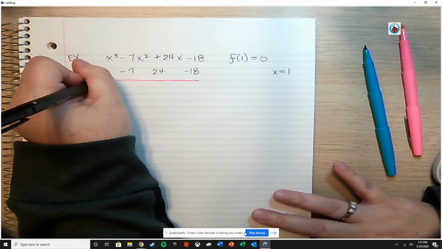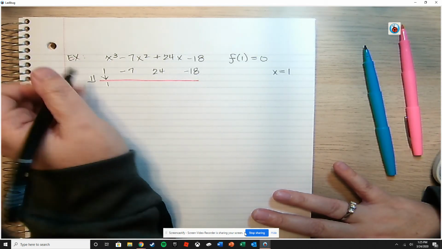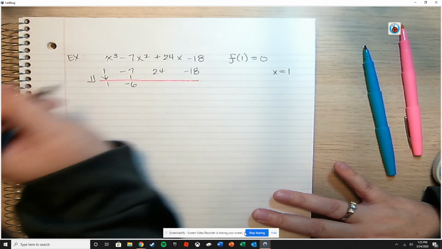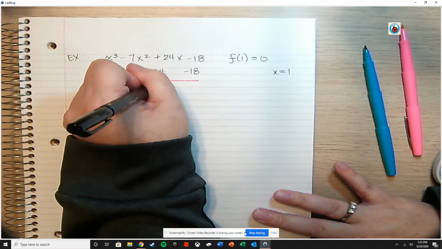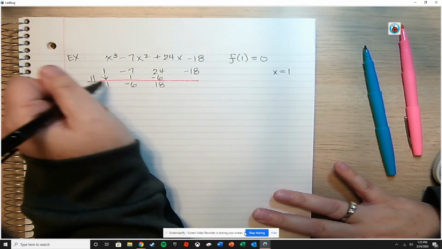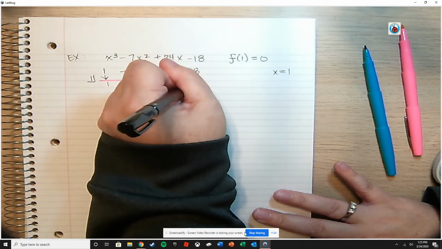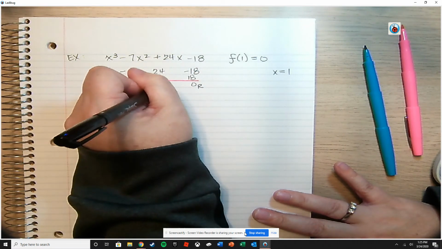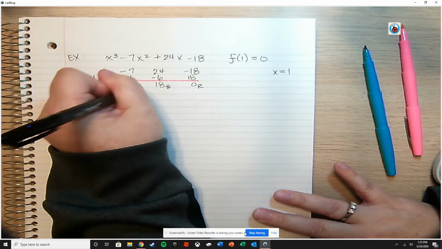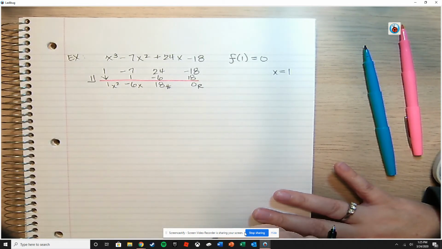So I bring down the 1. 1 times 1 is 1, so I get negative 6. 1 times negative 6 is negative 6. If I add that, I get 18. 1 times 18 is 18, and I get 0. So there's my remainder, my number, my x squared.